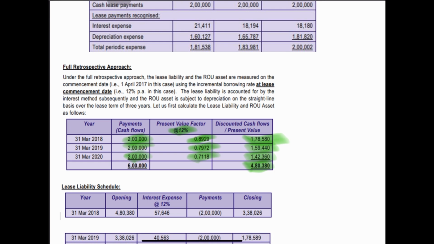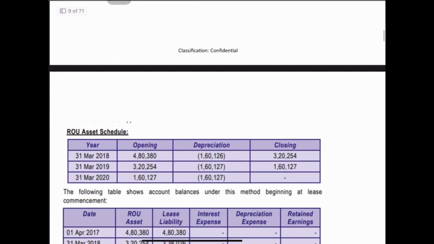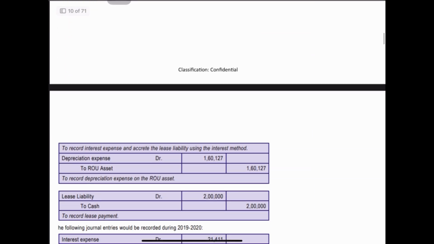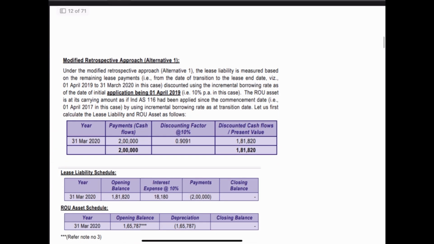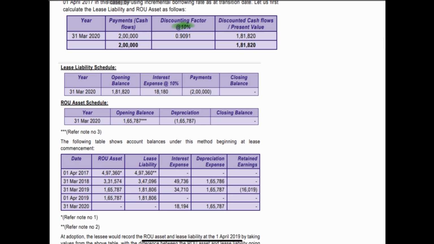Now I'll go to alternate method 1. Here, instead of the 12% discount rate, you take the current discount rate at the effective date, that is 10%. So you have to calculate at 10% what the ROU asset and liability should be.